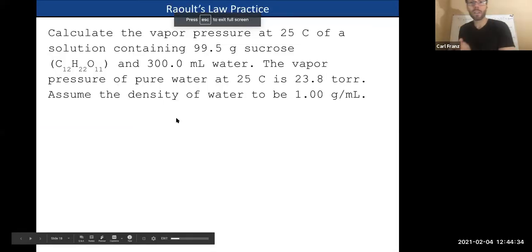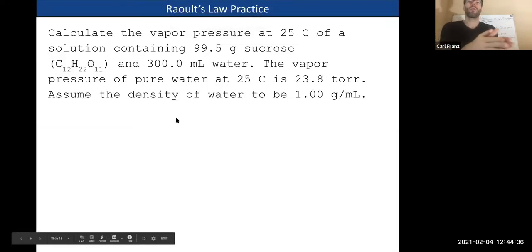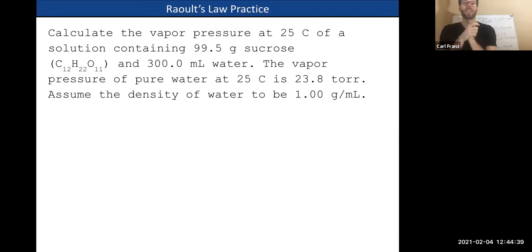Here's another problem that, again, you guys can work on: calculate the vapor pressure at 25 C of a solution made of 99.5 grams of sucrose and 300.0 mL of water. The vapor pressure of pure water at the same temperature, 25 C, is 23.8 torr, and assume the density is 1.00 grams per mL.